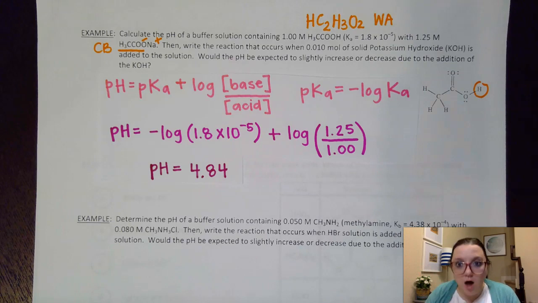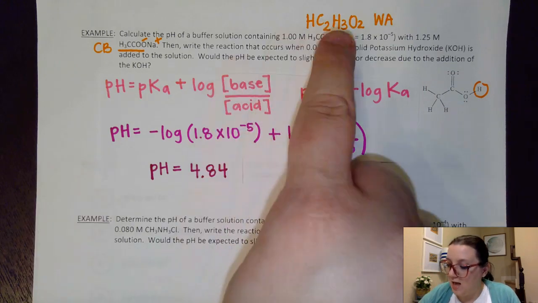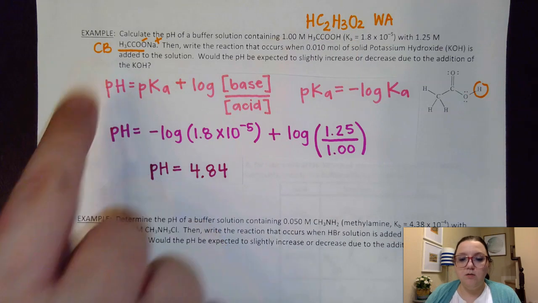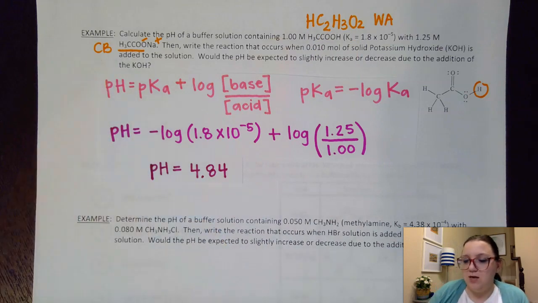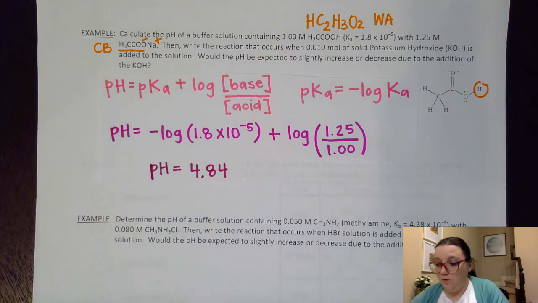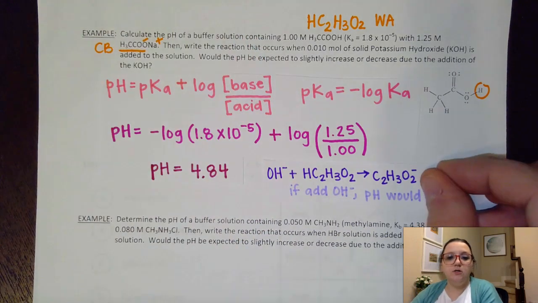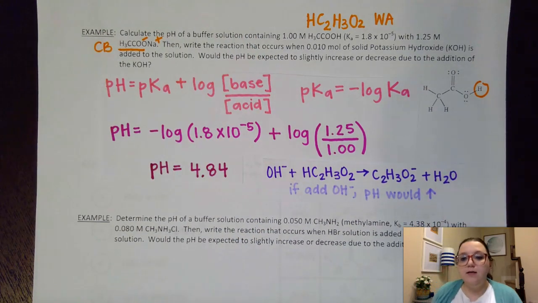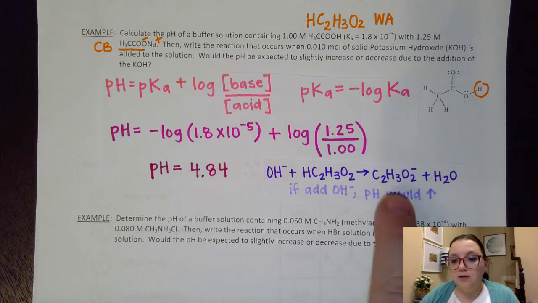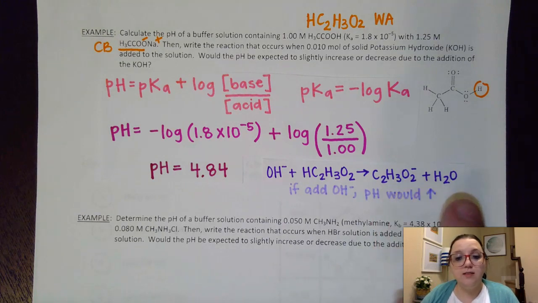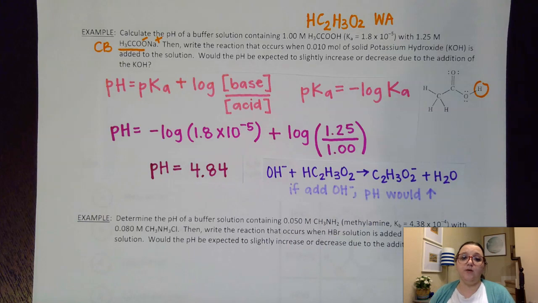Well, would hydroxide react with the acid or the base? Well, hydroxide being a base, I would want to react it with the acid, right? And so that would get me an equation of the OH plus the acetic acid, making the acetate polyatomic ion and water. So again, this is exactly what we did on our previous video.